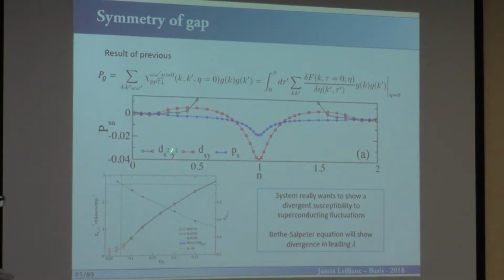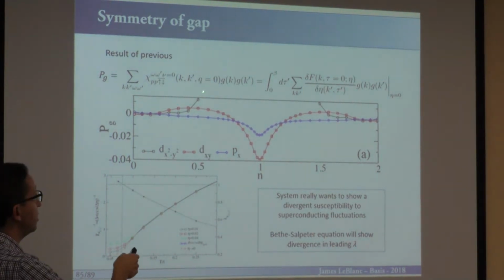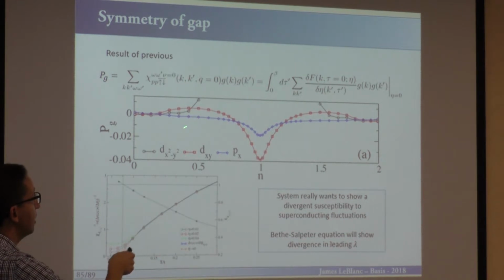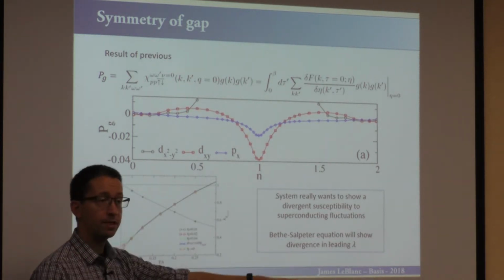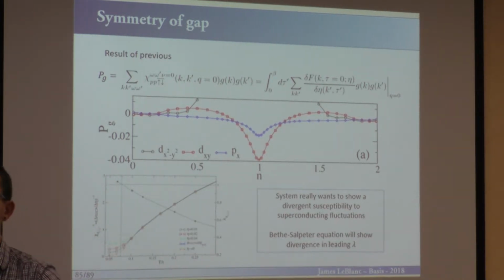So here, for the D wave case, we see a very large susceptibility, which is off the charts here, for the x squared minus y squared susceptibility. And these are calculations within the 2D Hubbard model for some parameters, which we won't worry about. If we had looked at S wave, we would find it was very negative, saying it was not at all susceptible to S wave superconductivity. But we can actually find regions where dxy is preferred.